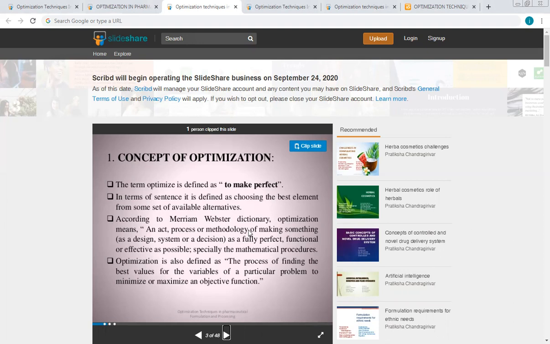Optimization means an act, process, or methodology of making something, as a design, system, or decision, as fully perfect, functional, or effective as possible, especially the mathematical procedure. Optimization is also defined as the process of finding the best values for the variables of a particular problem to minimize or maximize an objective function.